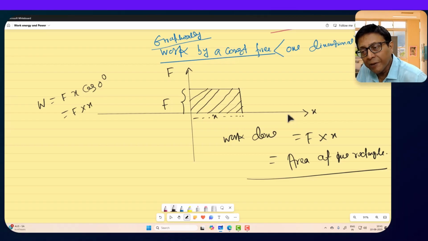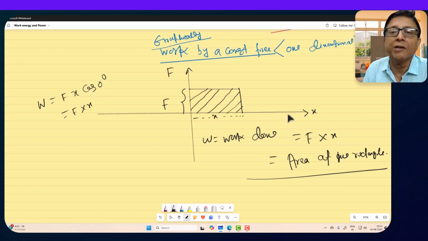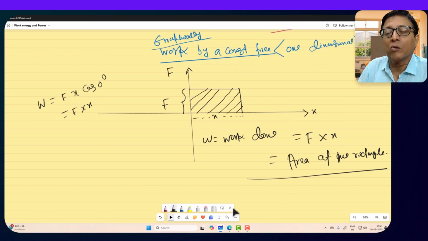Work done equals F into x. This is equal to the area of the rectangle. So this is the graphical representation of work done. W equals F into x. We have done it for one dimensional constant force.